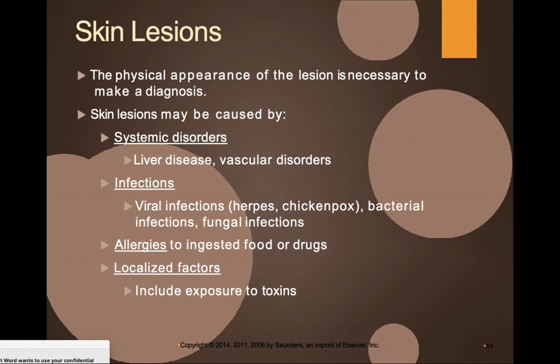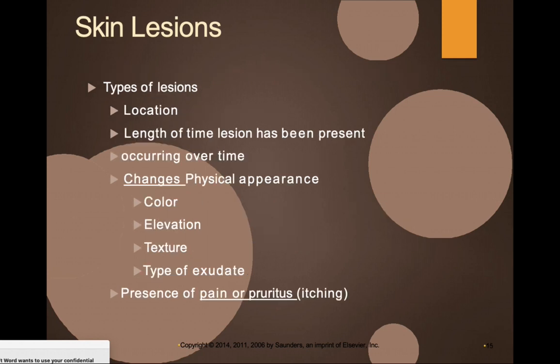Infections, whether it's herpes or chickenpox or bacterial and fungal infections. Allergies can manifest, whether it's seasonal or food allergies or sensitivities, or allergies to certain drugs also show up through the skin. And localized factors as well, including exposure to toxins.